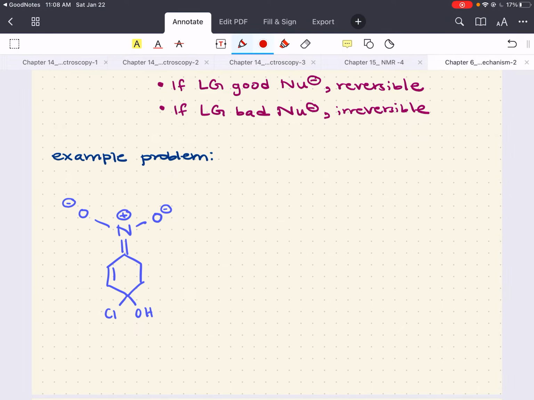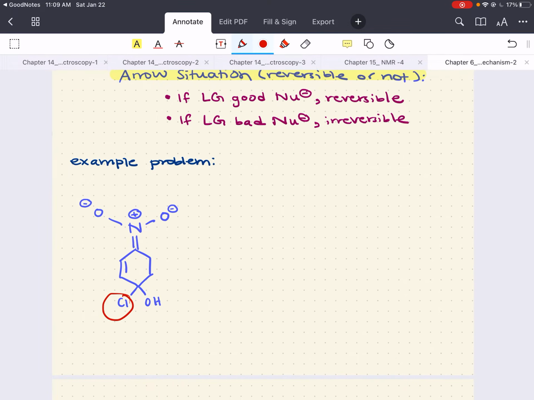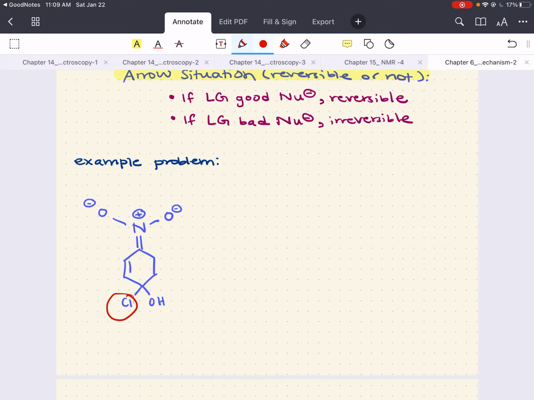Let's do an example problem to really understand this. We have a chlorine here, a great leaving group. Now, how do we move the electrons in this molecule to promote the chlorine for leaving? What we need is to move electron density to really get this position right here to exceed its octet rule and kick that leaving group.